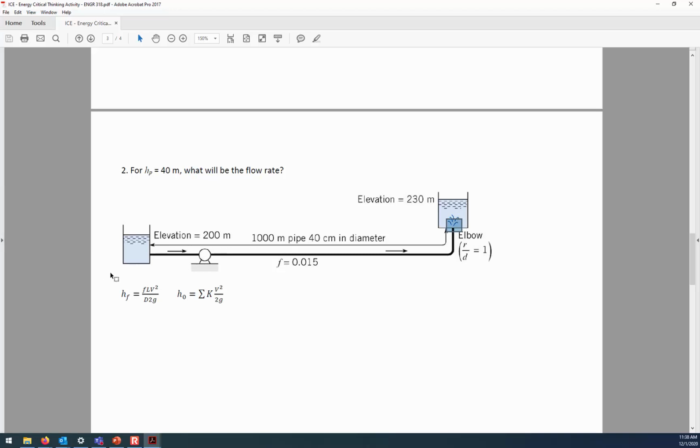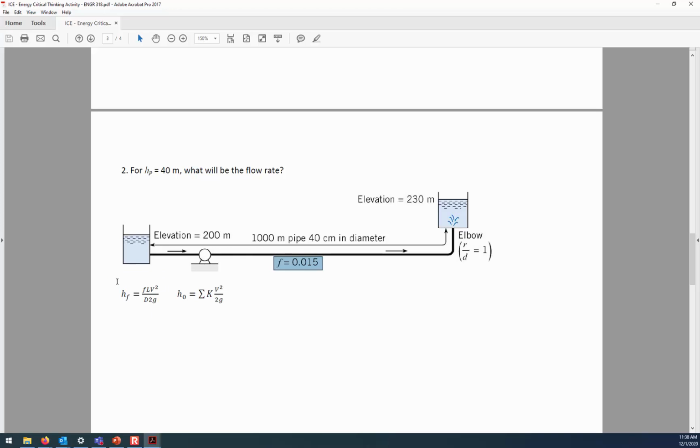Now, this equation is called the Darcy-Weisbach equation. And this formula is a way of estimating the amount of energy loss due to pipe friction. And so we can see that this particular pipe has a given f value of 0.015. And this is an indicator of the roughness of the pipe.